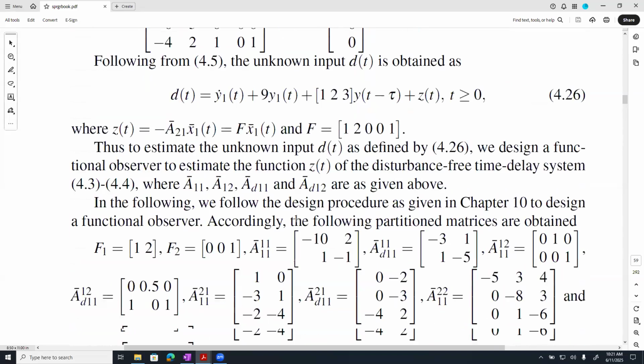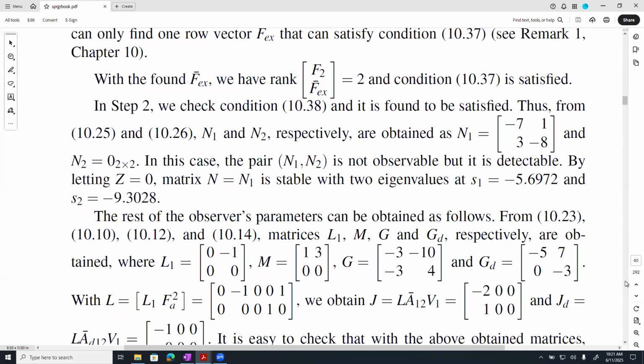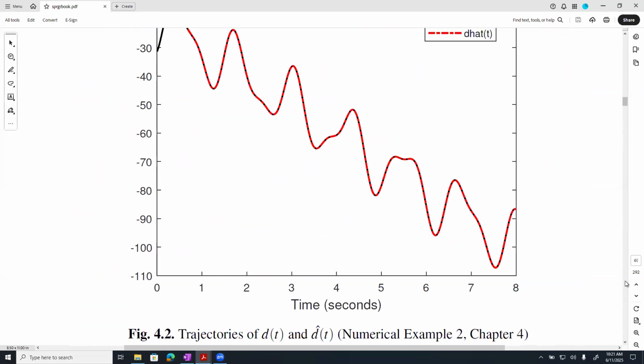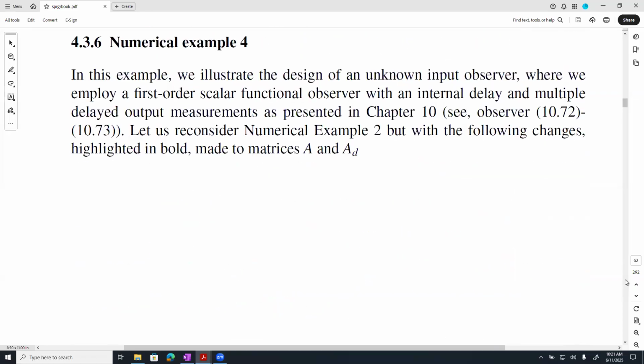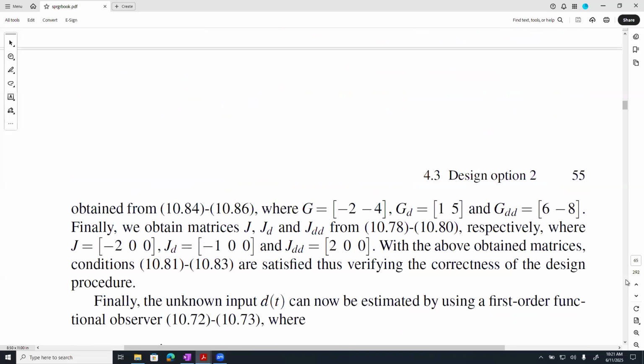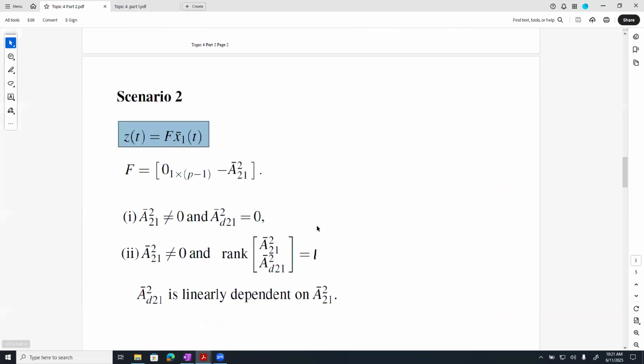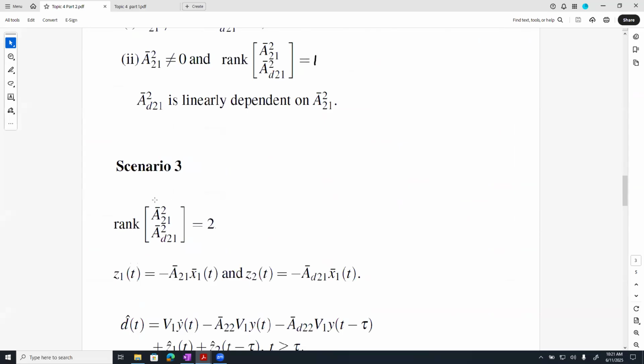Okay. So you can have a look at that chapter 4 in there. And then when we look at the other scenario, scenario 3, now in this scenario, what is happening is the submatrices A bar 21 and A bar D21 are not linearly dependent. They are non-zero.